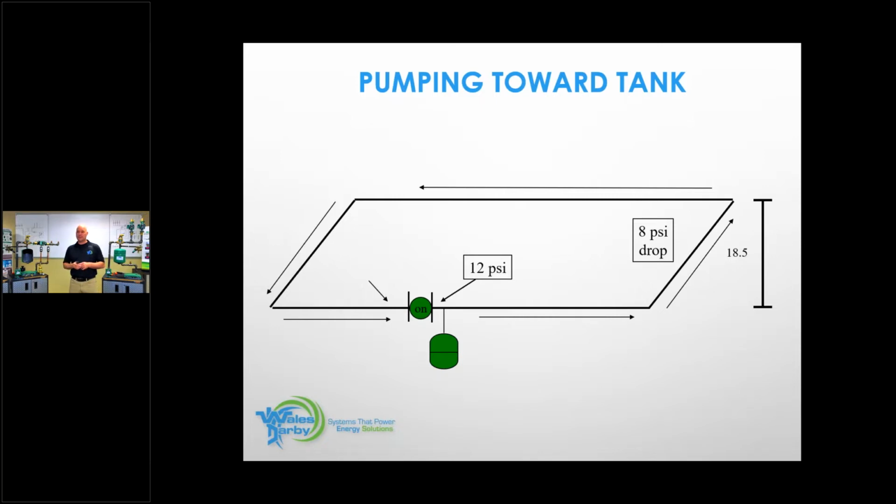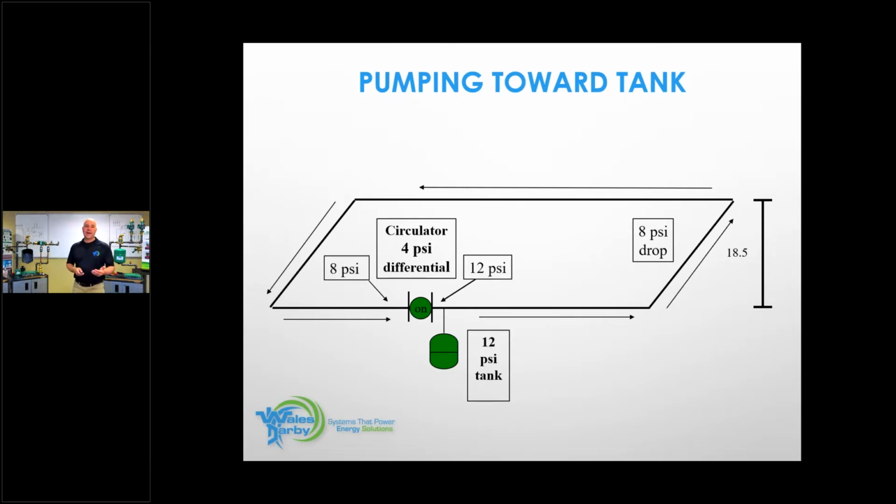What takes place? So when that circulator comes on, we're still going to have 12 psi on the front side of the circulator. We're still going to lose that 8 psi going up the hill. Our circulator did create the 4 psi differential. The problem here is it's going to happen on the backside because we're pumping into an expansion tank.